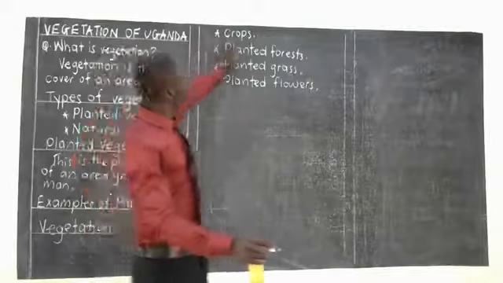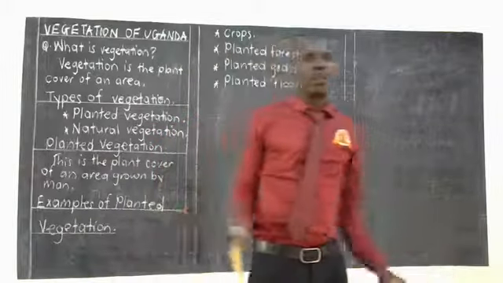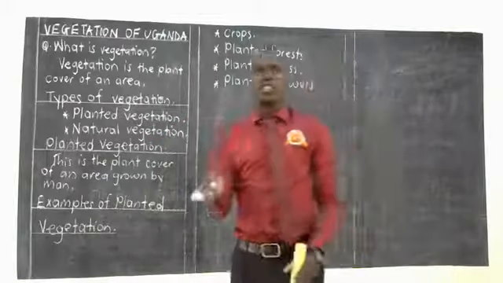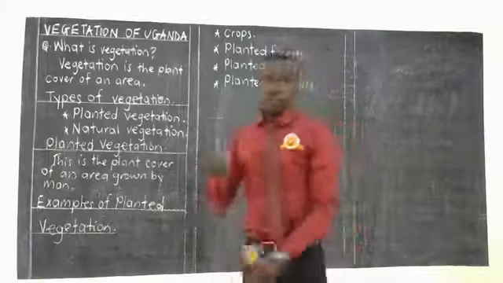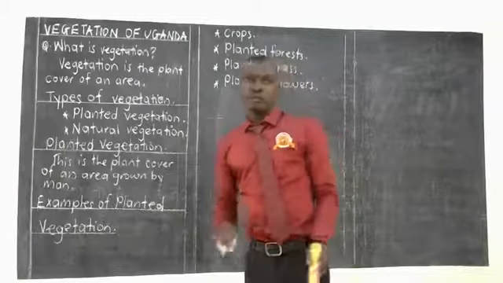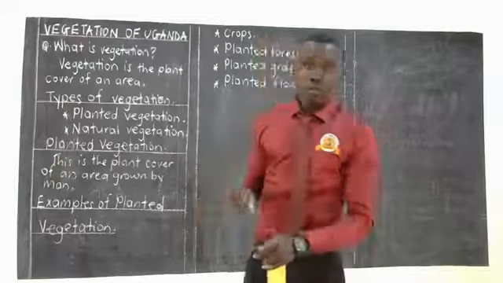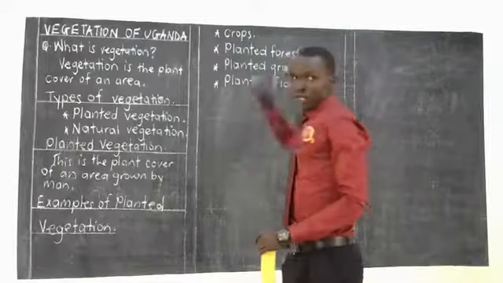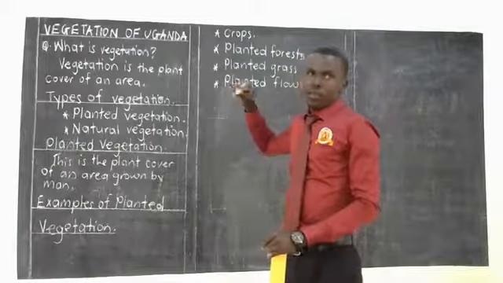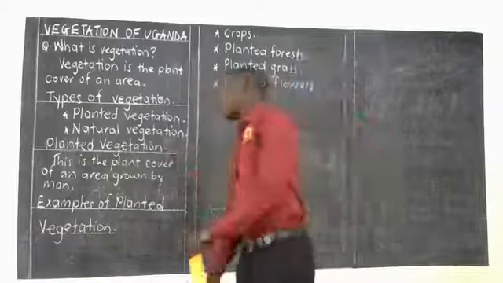Then, what about forests? Some people plant trees around their compound for shade and for fruits. Trees like mangoes and oranges give us fruits. All those plants are grown by man and we put them under planted vegetation.